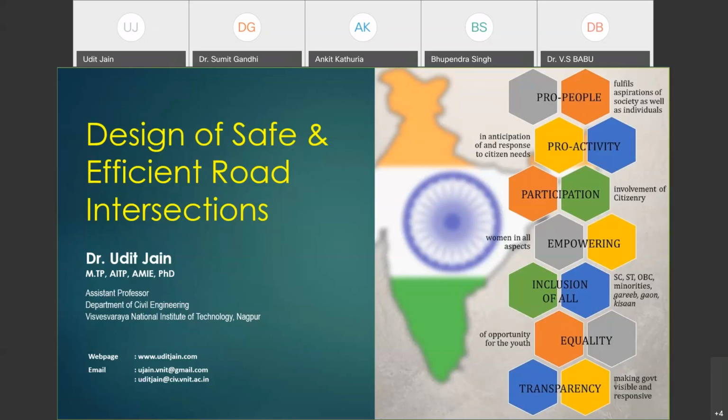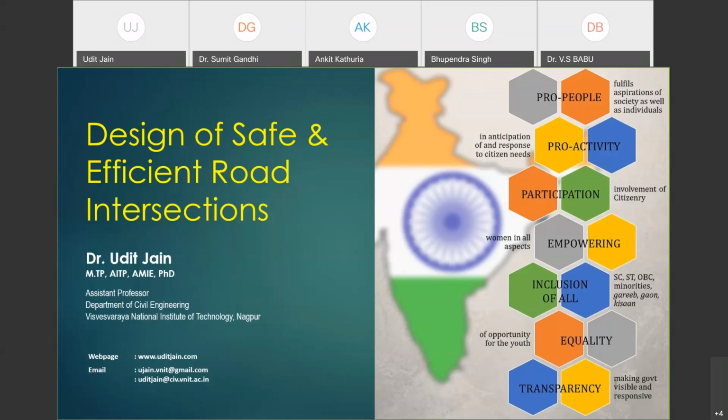We have seen that road intersections are usually one of the most common black spots where a lot of road accidents happen, and therefore it is imperative that we have proper and efficient design of road intersections which cater to the needs of not only vehicles but also other road users like pedestrians, bicyclists, and people on wheelchairs. These are all vulnerable road users who are also stakeholders on roads and are most prone to road accidents. So with that background, I will begin my presentation today.